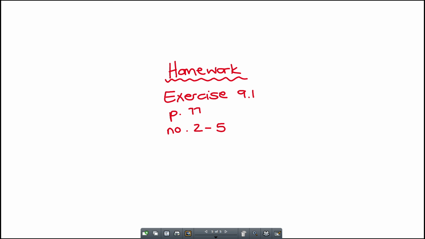Okay, there we go, people. So exercise 9.1, that's on page 77. You're going to do number 2 up until 5. So just leave out number 1, no? Looks like a lot, but number 2 and 3 is, and actually 4, it's all quick. Okay, right, you guys can get started on that.